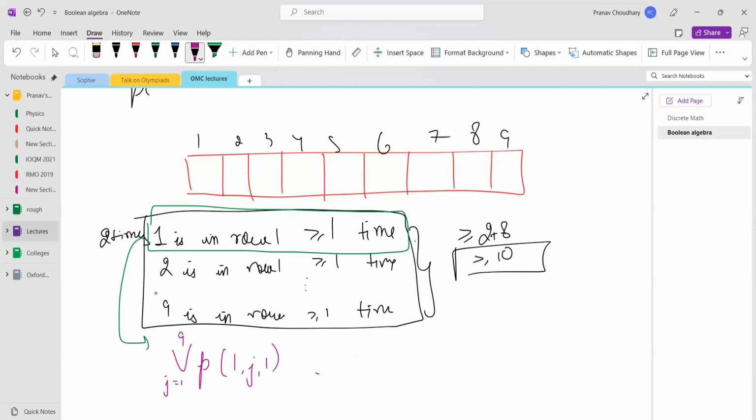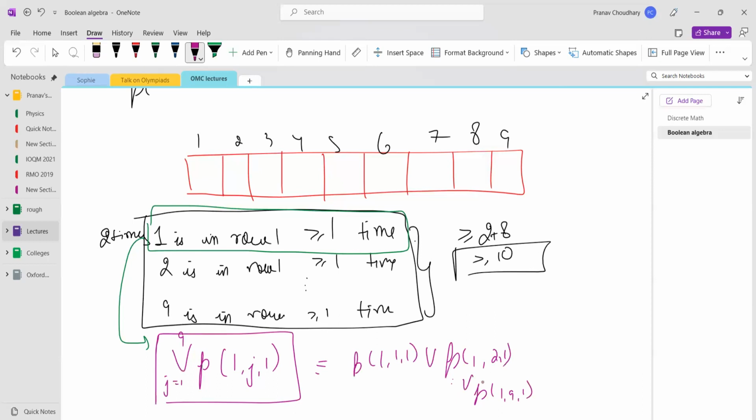Is it clear why we want this to be true? This thing is just P1 comma 1 comma 1 or P1 comma 2 comma 1, until P1 comma 9 comma 1. This will be true if at least one of these things is true, which will mean that 1 is there in at least one of these cells. So that is clear, right?